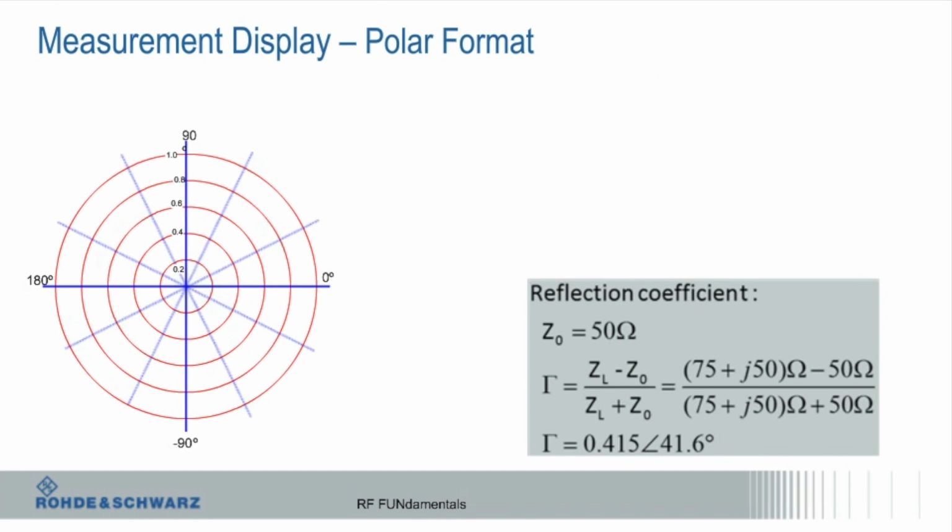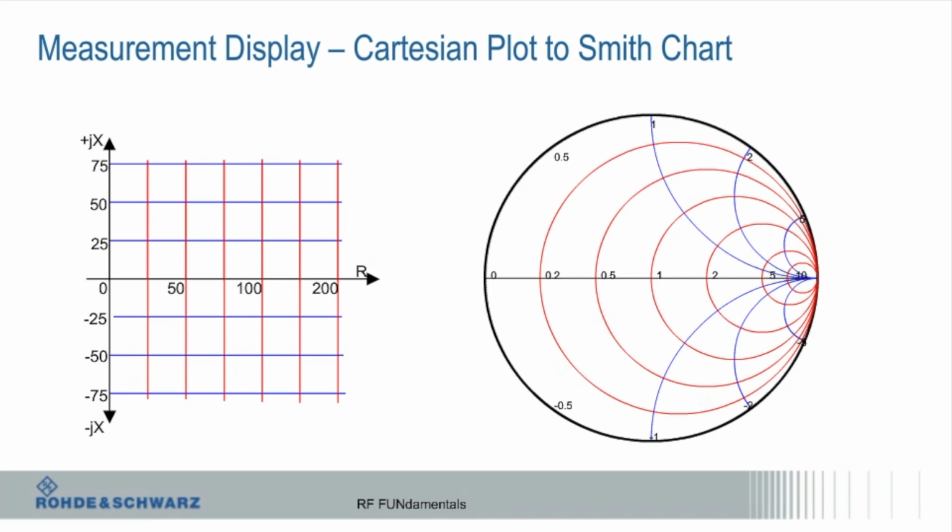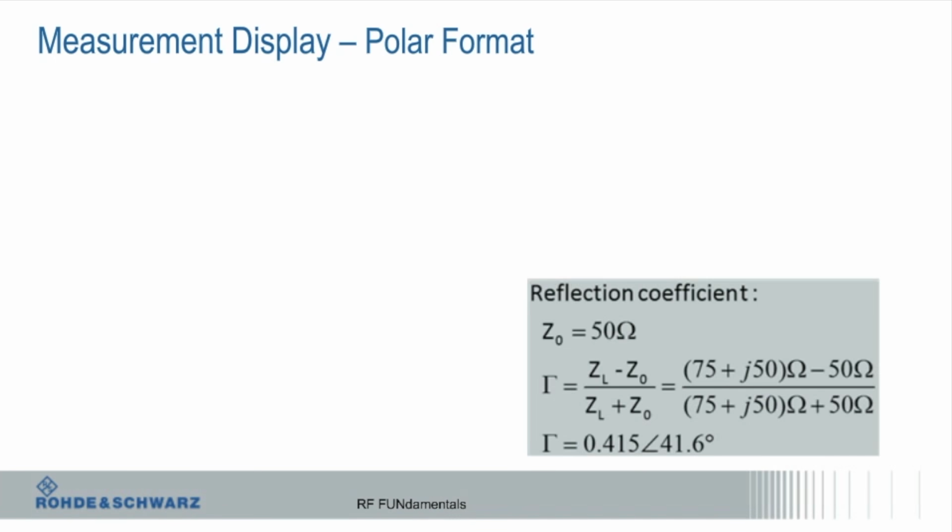Okay, so polar formats. Another representation you can look at, and from my experience, this is more antenna guys who do this, but not necessarily. If anybody else has any other experience, by all means speak up. In my life, I haven't used the polar display a lot on a VNA, but you can show this. So reflection coefficient, there it is, and it'll show you there's amplitude and a phasor.